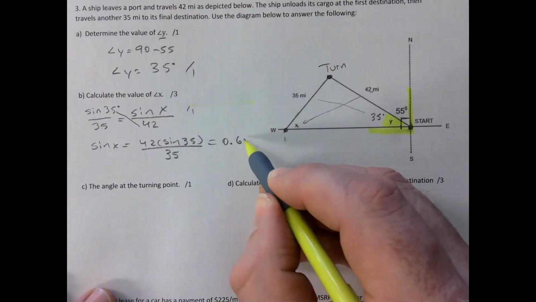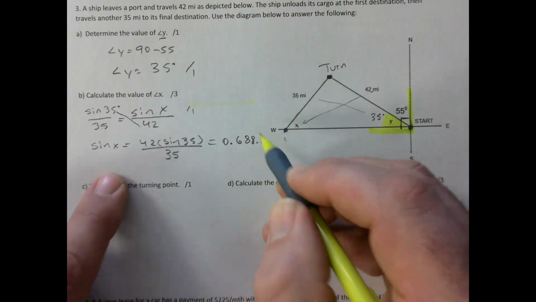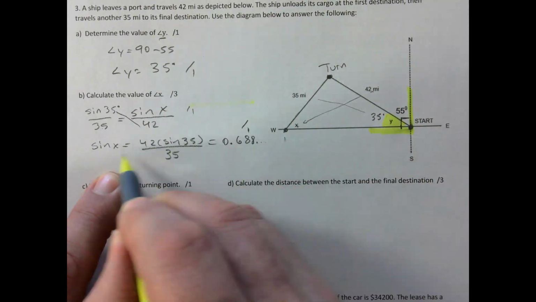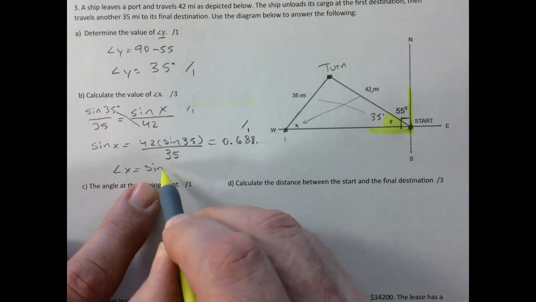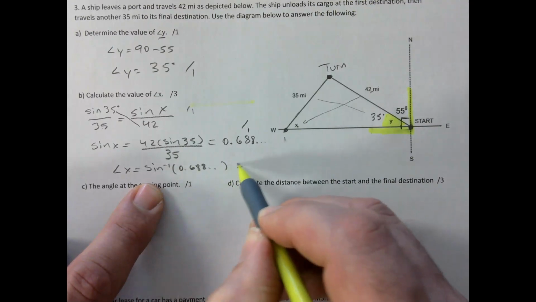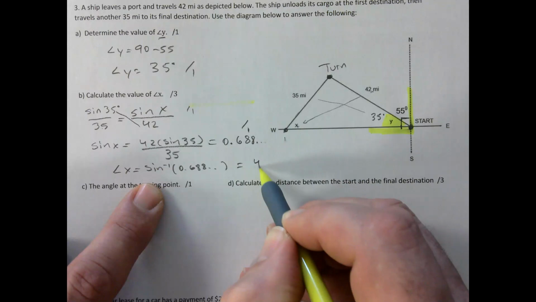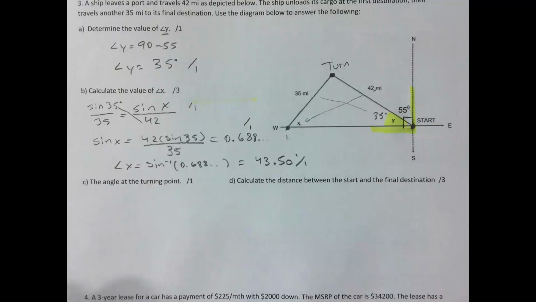When you're about to take the inverse, you should always have a 0 there. So I give you a mark for this step where you show me the work. And last but not least, you use the inverse, and that gives you 43.50 degrees. That's the third mark that I'm going to give you there.